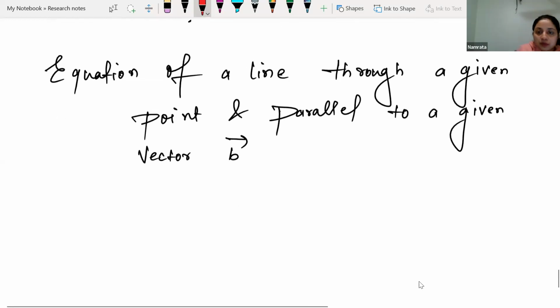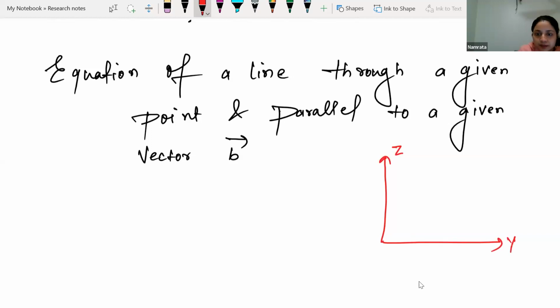So suppose we have the coordinate plane, that is Z, Y, X. Now, the equation of a line through a given point: suppose we have a straight line like this, a line L through a point A, and parallel to a given vector.